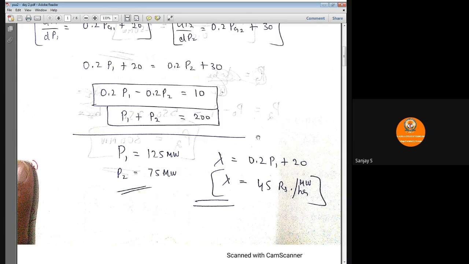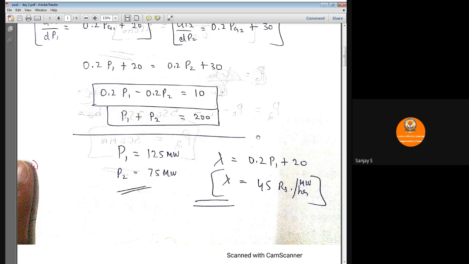Whenever you're asked to find the optimal schedule, you should find P1, P2, and also find lambda. You are going to find lambda by using the expression for incremental fuel cost equation. Either substitute in dC1 by dP1 or dC2 by dP2 because both are equal. So lambda is equal to 0.2 P1 plus 20.